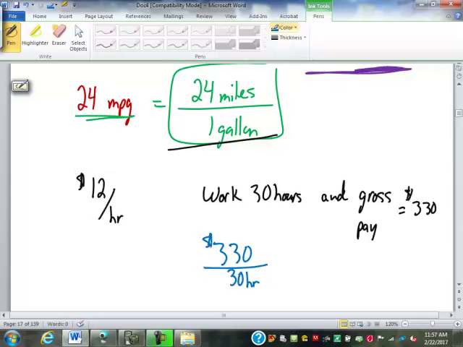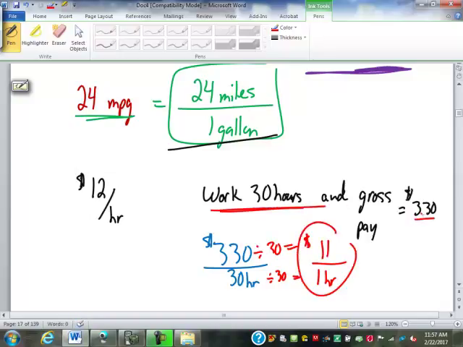So you have to convert that into a unit rate to get to your hourly wage. So you divide by the 30 on bottom to make that 1 hour. Divide by 30 on top to make that $11. So in this example, 30 hours of work for $330 would be $11 per hour.